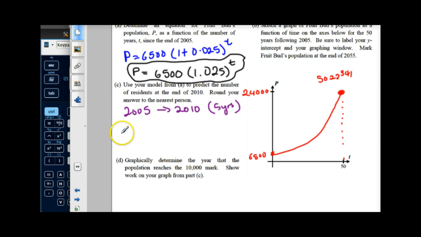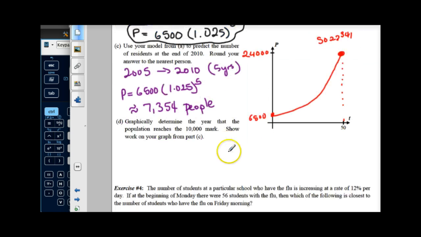So what I'm going to do, P is going to be 6,500 times 1.025 to the 5. Put that in the calculator. It's approximately 7,354 people. That's the population.